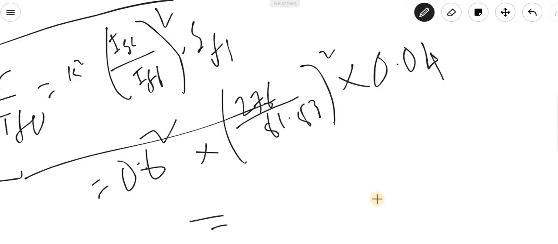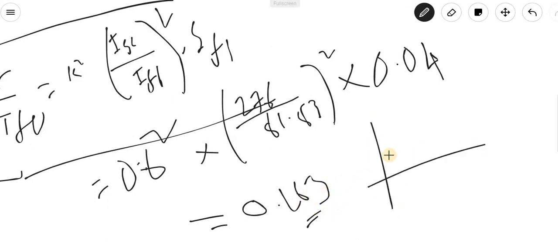So the numerical value is (76/81.83) square into 0.6 square into 0.04. So it would be 0.163 times of full load torque.